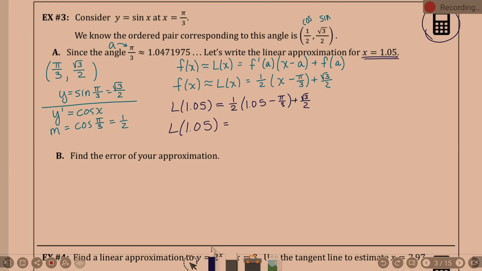So you can plug that in. I would leave that in your calculator.